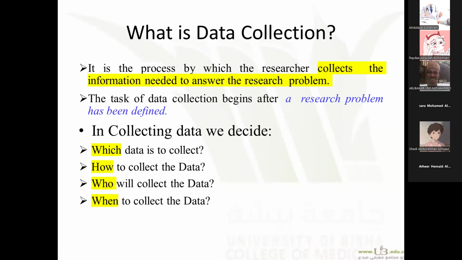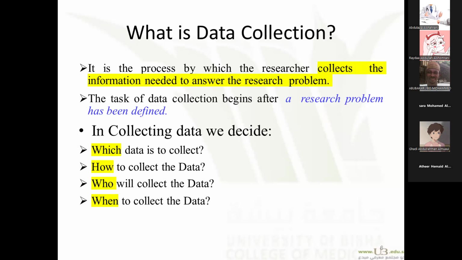Now, what is data collection? Data collection is a process by which the researcher collects the information needed to answer a research problem. Those of you that have had your epidemiology course, and those of you who have had your public health course, you've seen how we collect data.